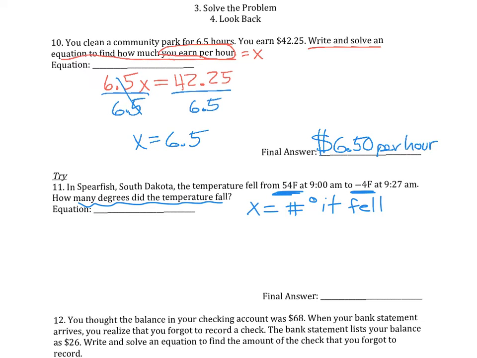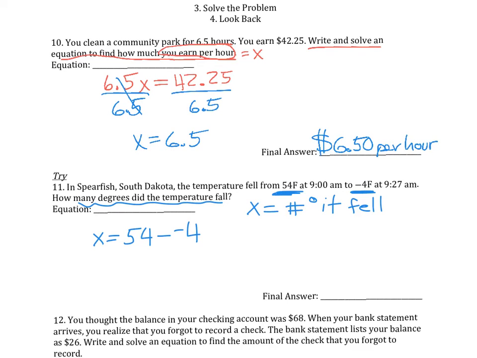Okay. So really, I'm just finding the difference here, right? So if the amount it fell was equal to the high minus the low of negative 4, that will give me my final answer there, okay? So the key here is knowing its difference, right? If I'm going from one to the other, it's the difference between the two, and making sure to get that double negative in there.